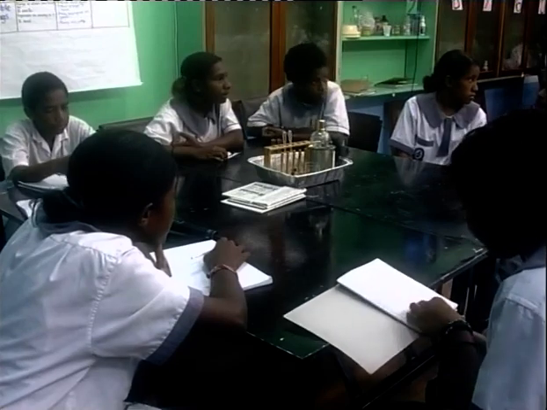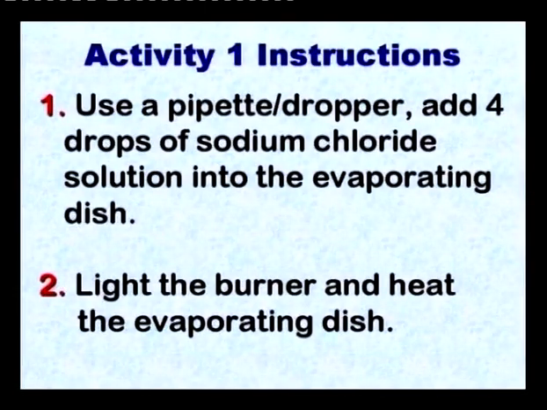Okay, let me have someone read the activity 1 instruction. Yowa, please read to us the instruction for activity 1. Use a pipette dropper. Add 4 drops of sodium chloride solution into the evaporating dish. All right, good correction there.